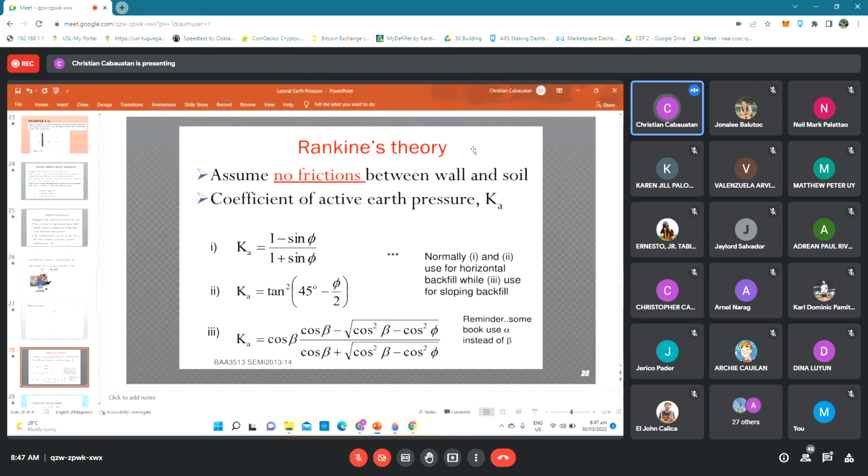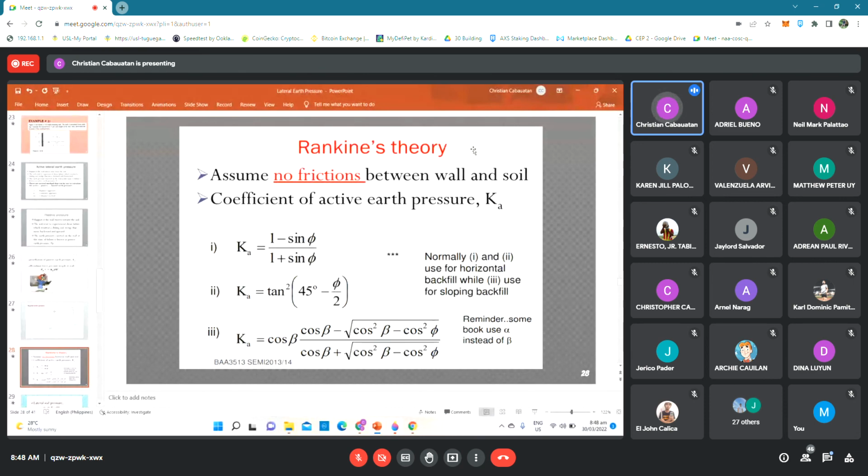Then Ka is tan squared of 45 minus phi over 2. But if it is on a sloping backfill, there is an angle beta for the sloping part. Then Ka is cosine beta times the quantity of cosine beta minus square root of cosine squared beta minus cosine squared phi, divided by cosine beta plus the square root of cosine squared beta minus cosine squared phi.